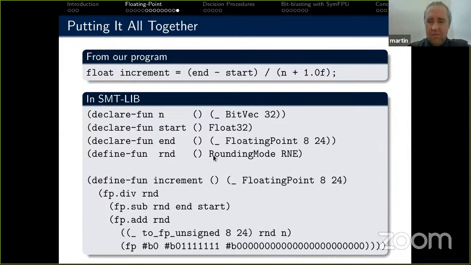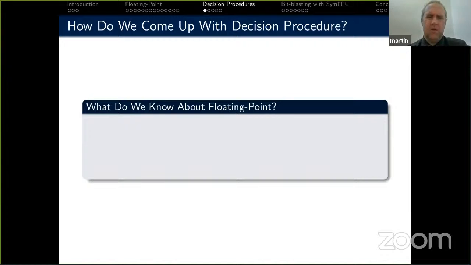And literally, we can convert it like that. And when we run it through a solver that's got this implemented, we will get back the same results the hardware should give us. Right, but that's assuming that we've got it implemented in the solver. So how would we do that?